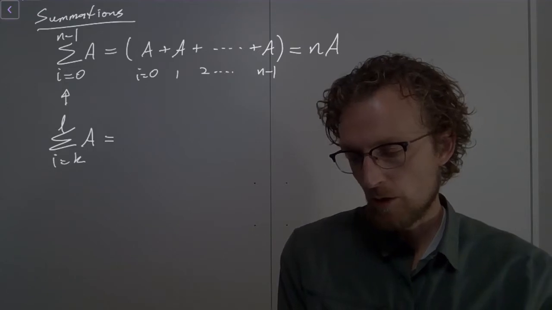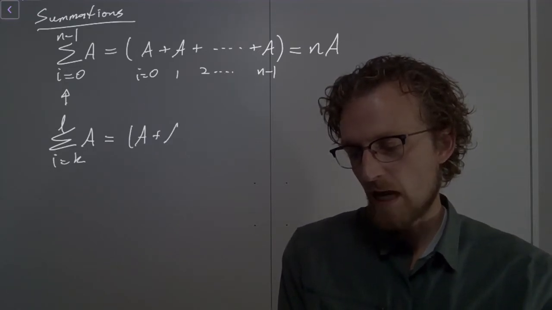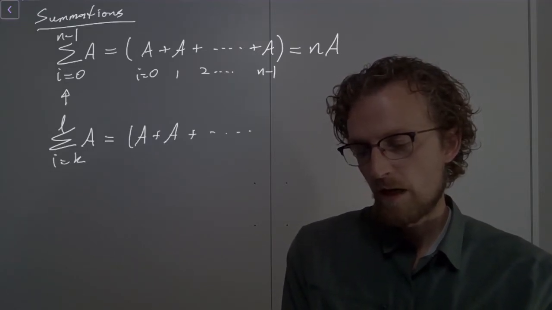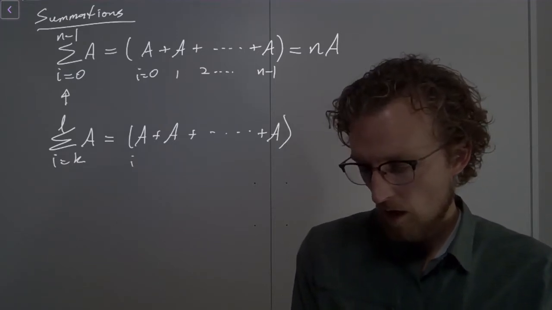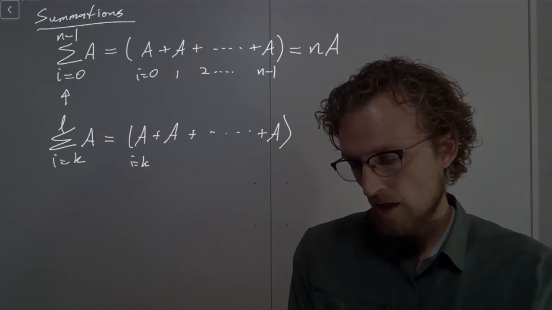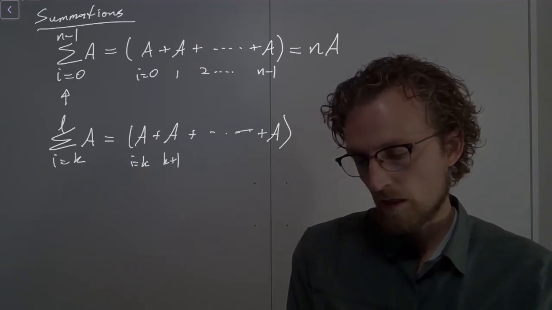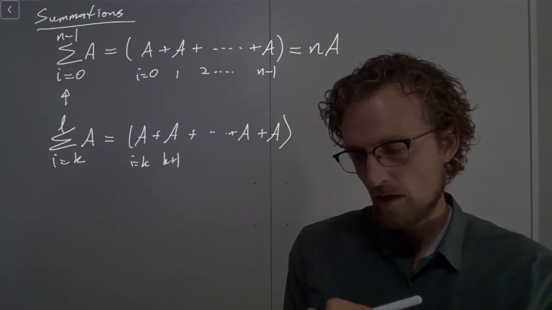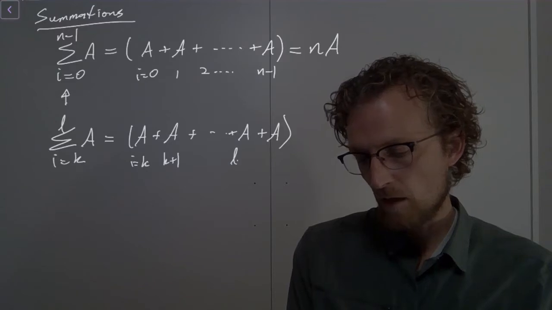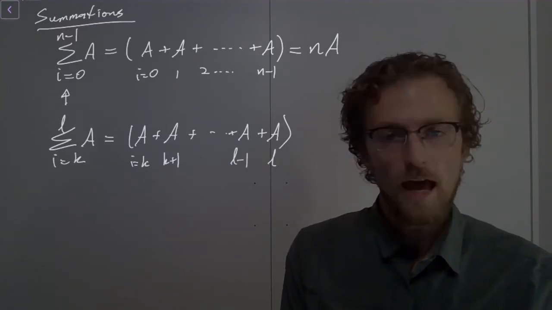So this is equal to a plus all the way up to plus a. Exactly how many terms do we have here? Well, i starts out at k, and then we have k plus 1, and then we continue up all the way to L minus 1, and then L.